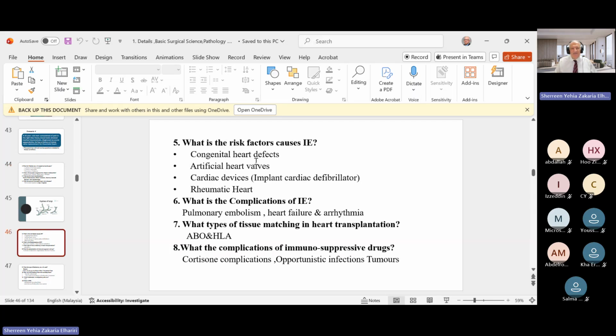What are the risk factors that cause infective endocarditis? This is the next question you need to answer. Congenital heart disease like bicuspid stenosis, artificial heart valve. What do you mean by cuspid stenosis? Most of the students say that, but we don't know what it means.